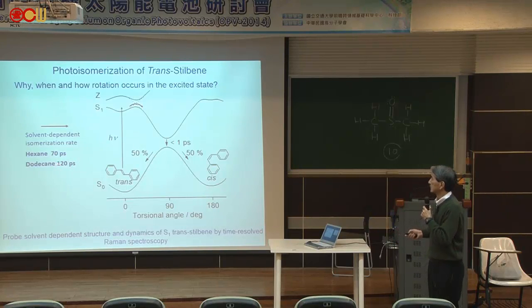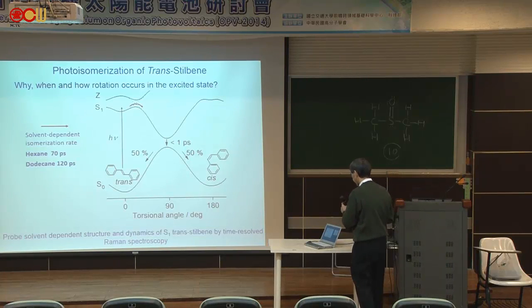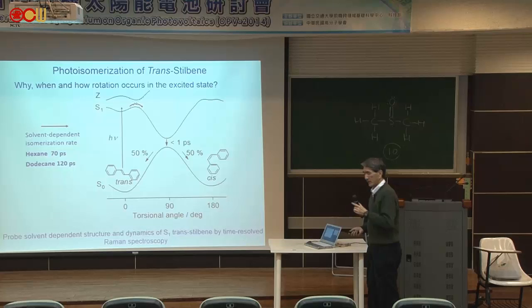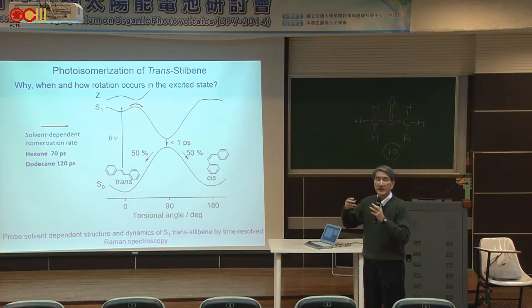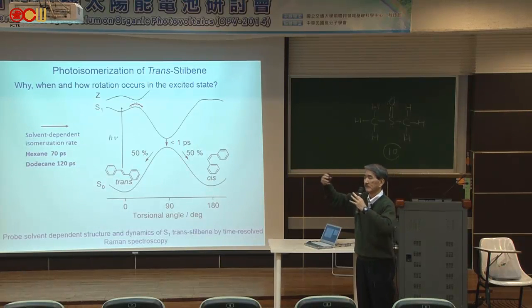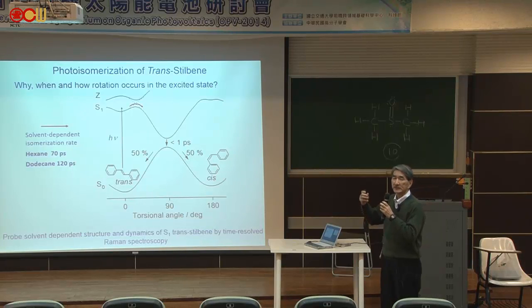People believed that this is because of the viscosity of the solvent. In a viscous solvent, molecules are more difficult to move. So if internal rotation takes place, it is slow in a more viscous solvent and fast in a less viscous solvent.